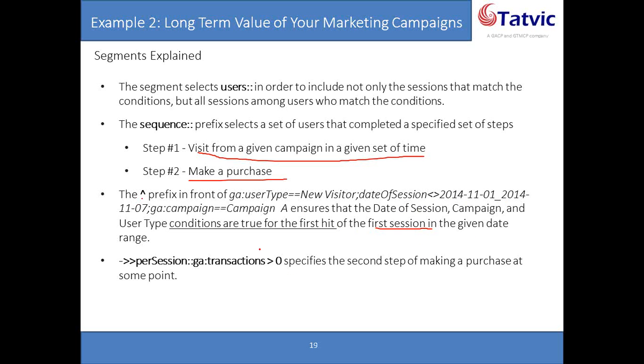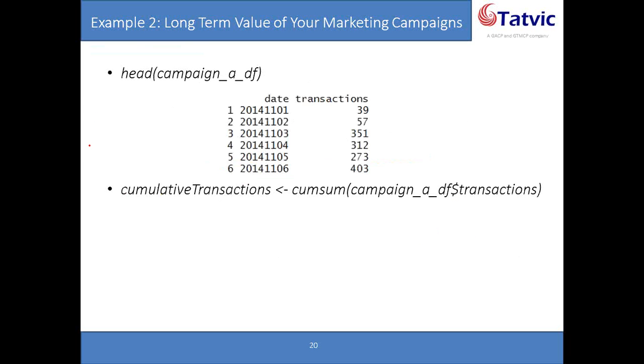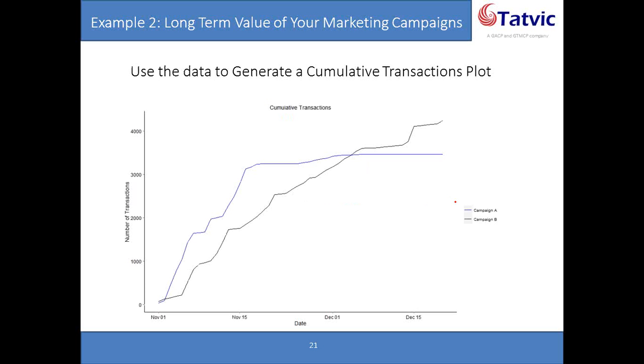Let me show you what I get. When I extract the data, I get a date and the transaction, and I use the cumulative transaction as a sum function in R for all the transactions which happen via campaign A. I can get the same data sets for campaign B.